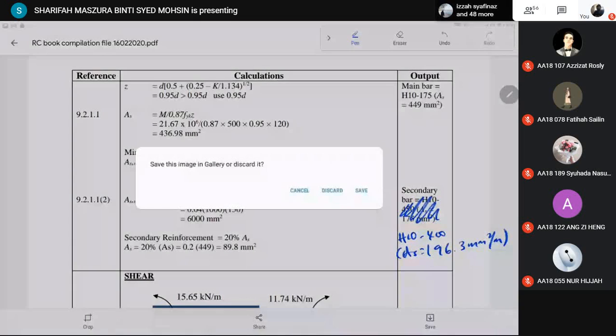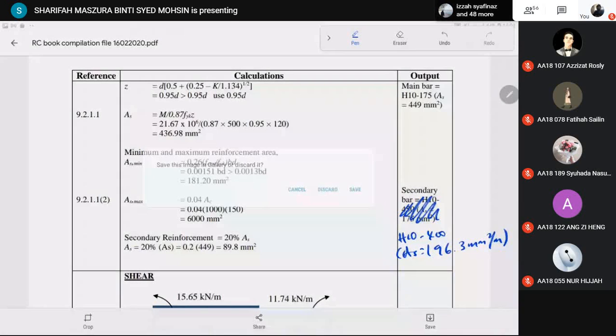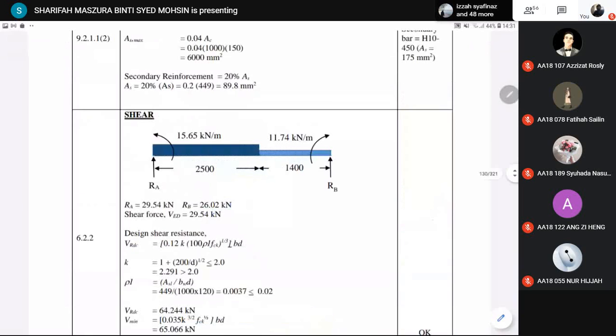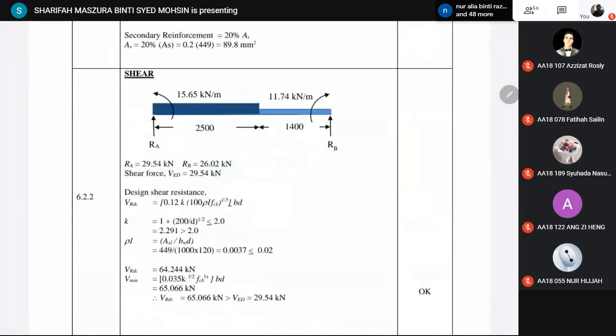Then for shear design, the method of estimating the shear force value is similar to the one you have done for your moment distribution method, cut section.